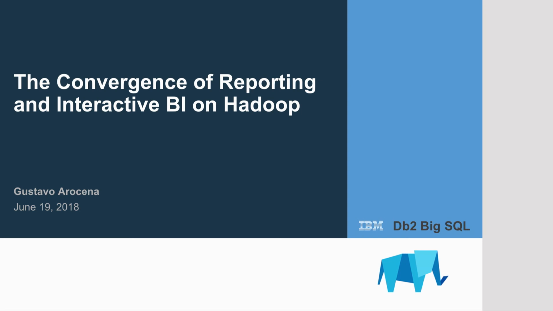I'm going to be talking about interactive BI on Hadoop, which basically means low latency SQL on Hadoop. Until a few years ago, low latency and Hadoop were pretty much opposite, contradictory terms. But a few years down the road, that's no longer the case.